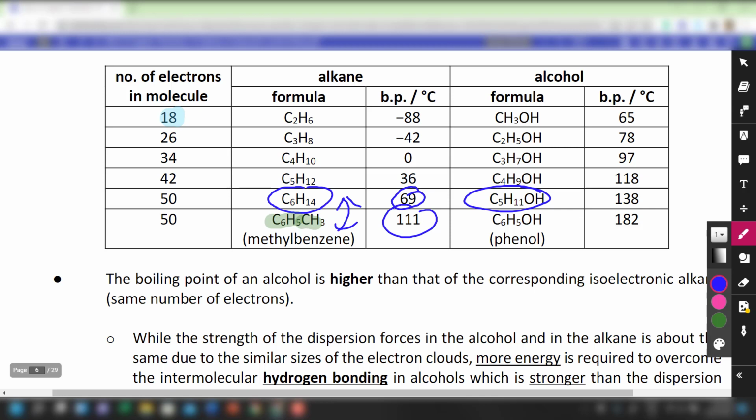Because the rigidity of the system does play a part in the non-polar groups forming stronger and more significant dispersion forces.